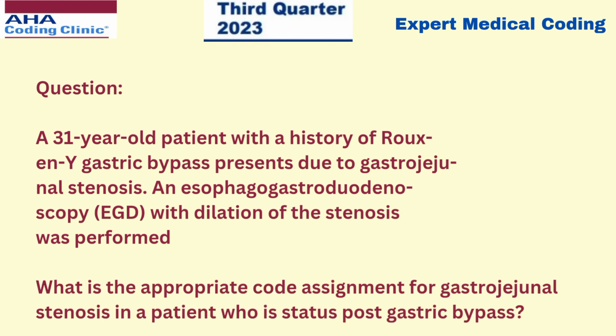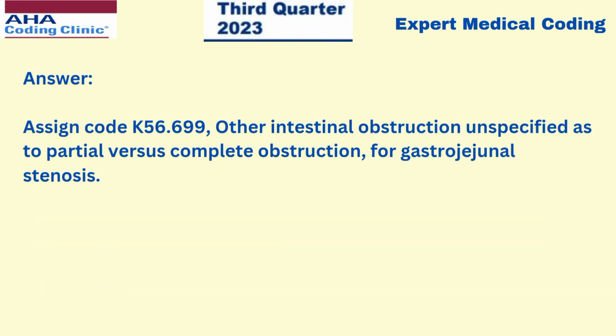So the question is, what is the appropriate code assignment for gastrojejunal stenosis in a patient with status post gastric bypass? And the answer is, we have to assign the code K56.699, that is, other intestinal obstruction unspecified as to partial versus complete obstruction, for gastrojejunal stenosis.